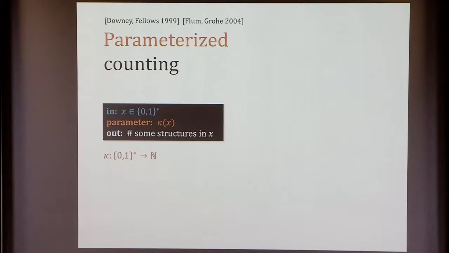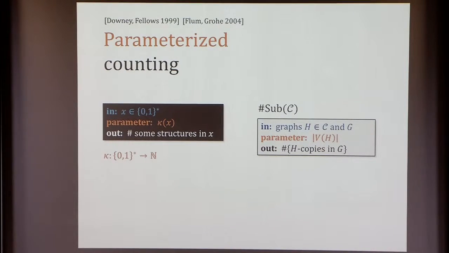So there are a lot of examples for parameterized problems, also parameterized counting problems. But let's just use this definition to get a parameterized version of counting subgraphs. So we just take this subgraph problem for fixed classes again, count subgraphs from a class C, but now parameterized by the size of your pattern. So this would be one good example for a parameterized problem.